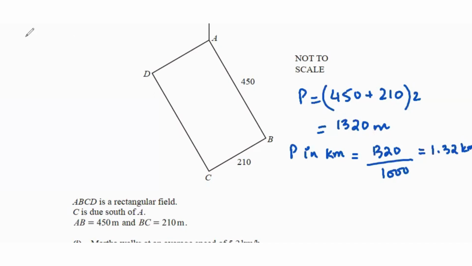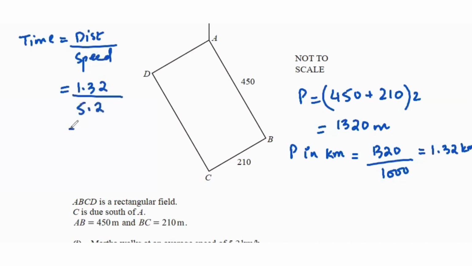Now, since we're trying to find the time, time is distance over speed. So distance is 1.32, speed is 5.2. When we divide that, we get 0.2538 hours. 1 hour is 60 minutes.